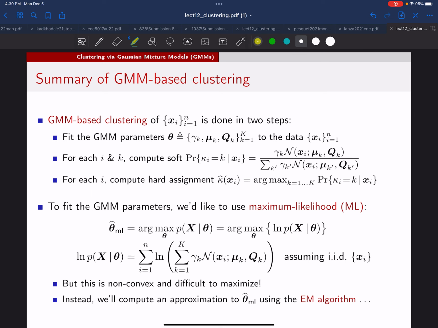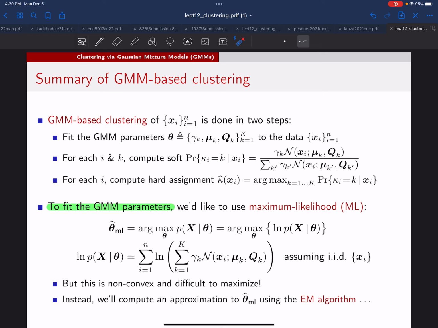Now, next topic: to fit the Gaussian mixture model parameters, ideally, we would like to use maximum likelihood. As we know, maximum likelihood goes like this. We want to maximize the probability of x given theta, where theta are our parameters. We know that's the same thing as maximizing the log probability or even minimizing the negative log probability, or likelihood here.